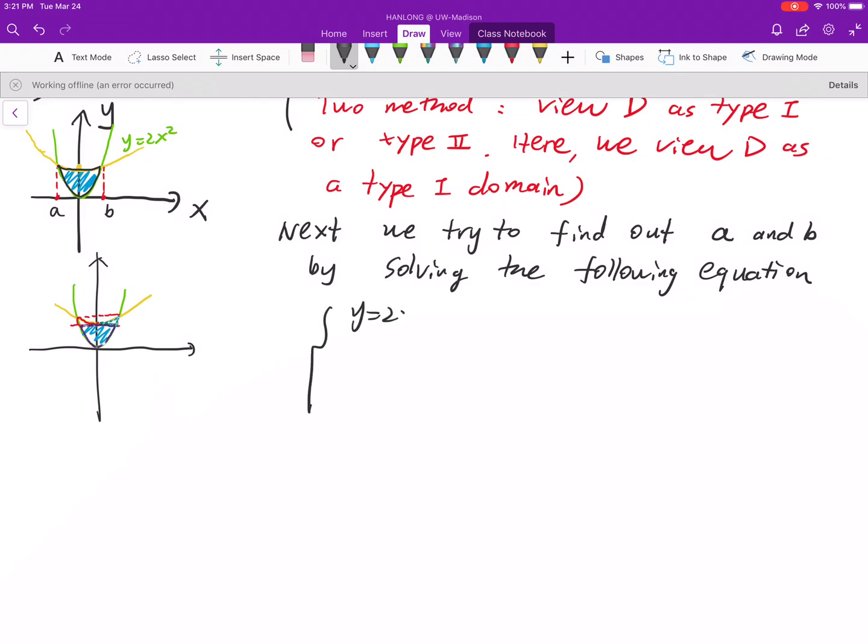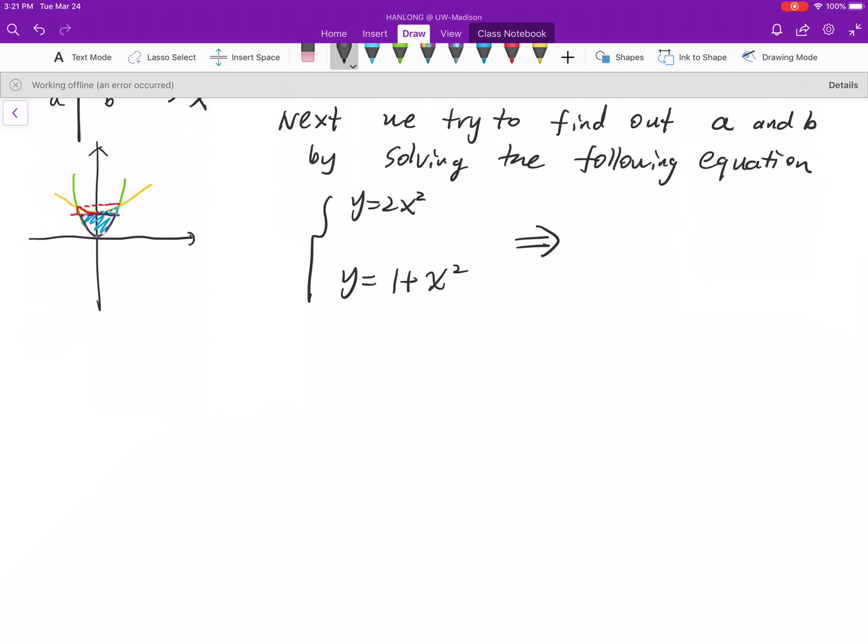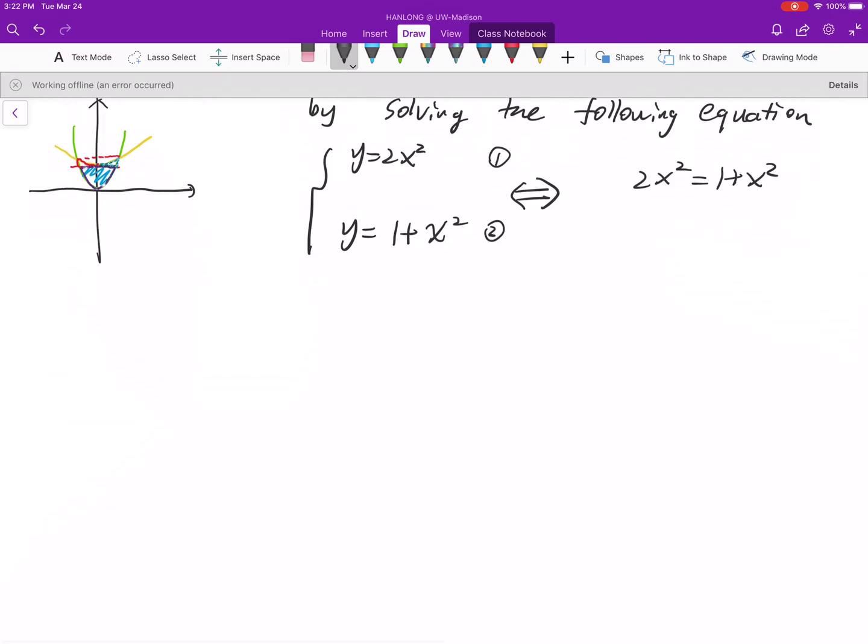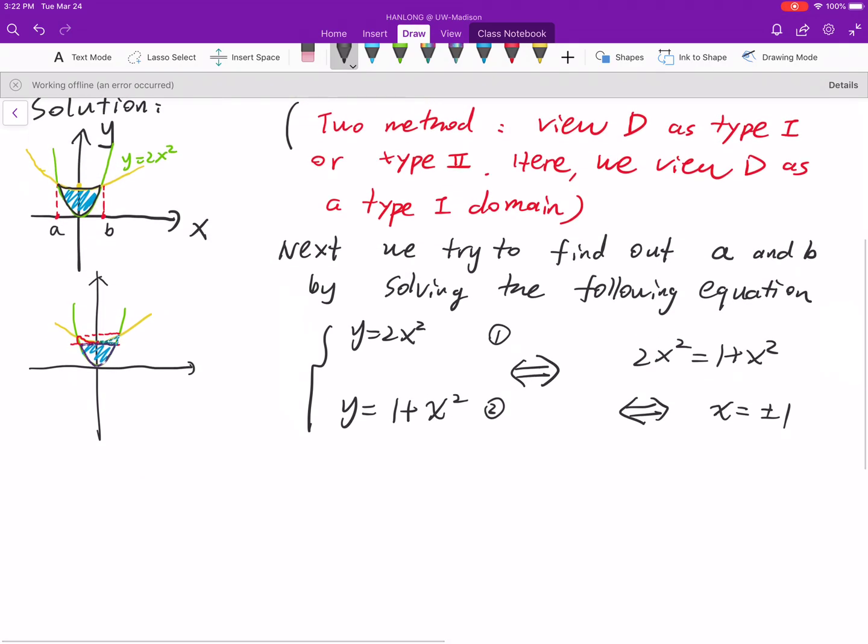So y equals 2x squared, y equals 1 plus x squared. And you substitute second one into the first one, you get 2x squared is 1 plus x squared, and then x is positive or negative 1. Therefore, A is negative 1, B is 1.